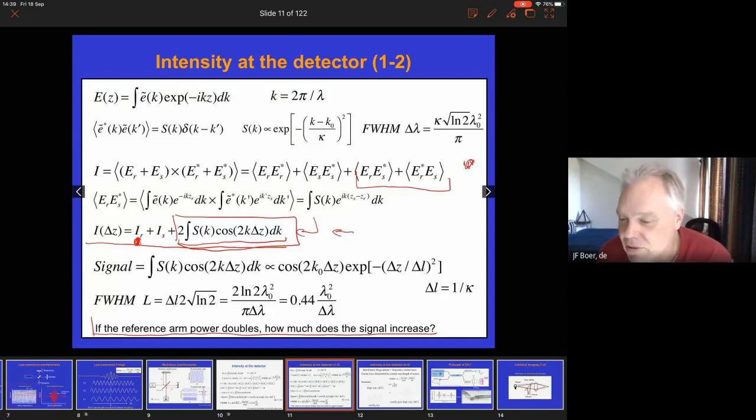And so you could view this increase of the reference arm power as increasing the amplification. It might sound strange, but in fact, interference provides you with lossless amplification of your signal. Normally you look at an amplifier, you have your input, you send it into an amplifier, it increases the amplitude, but also at the cost of additional noise. That additional noise is not present here. Okay.